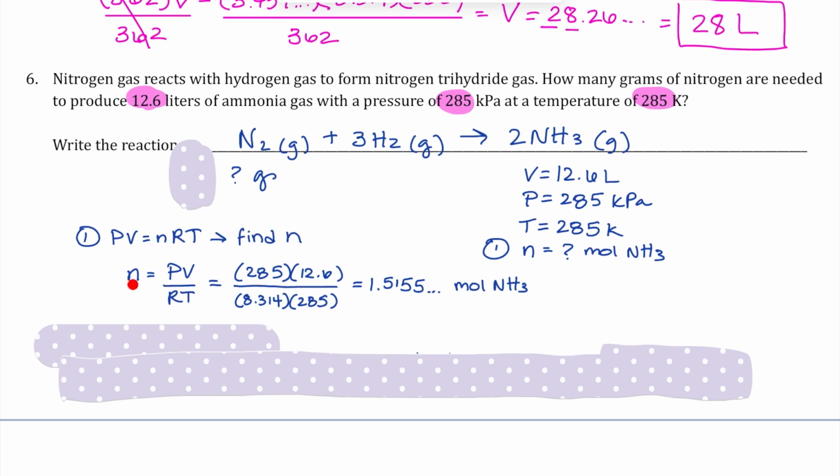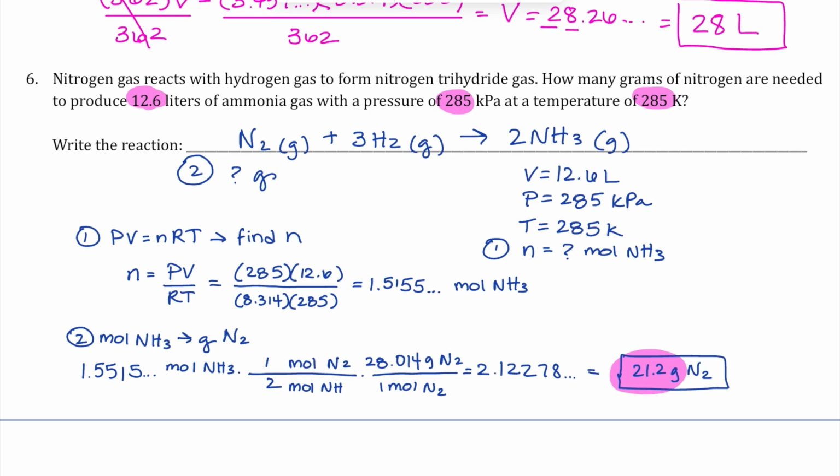Once we have found moles of NH3, then we can go and do our stoich. So in this one, our steps are just flipped from what they were in those first two. Now that I've found moles, I can go moles of NH3 to moles of nitrogen, and then to grams.